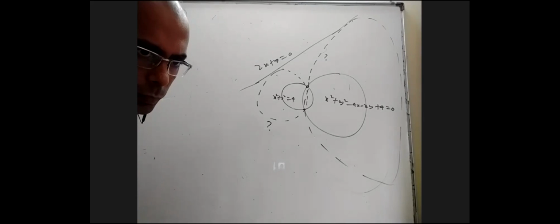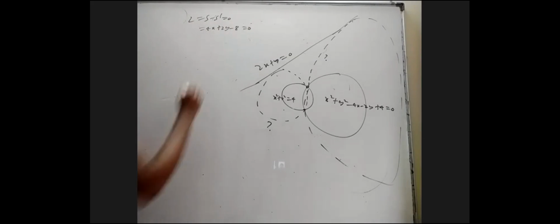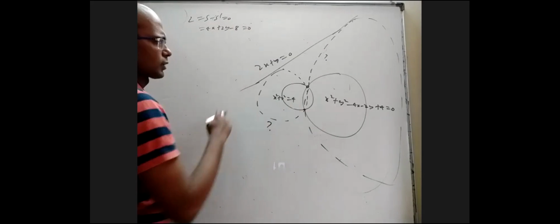So the radical axis L is S minus S dash equal to 0. That is 4x plus 2y minus 8 equal to 0. From this, I'm subtracting this.